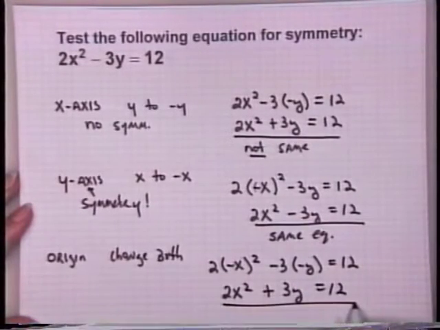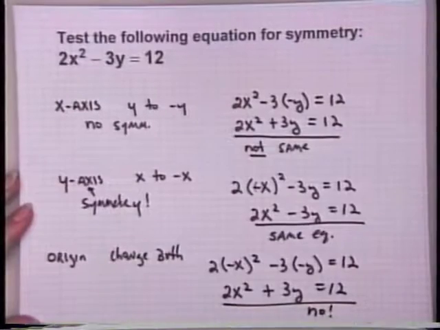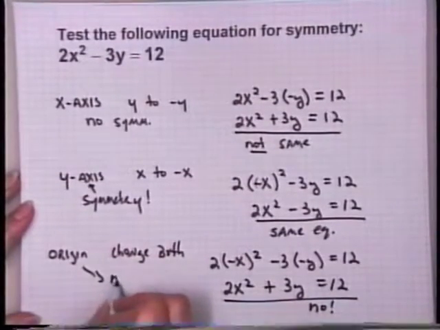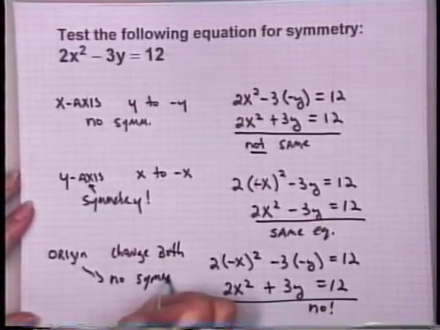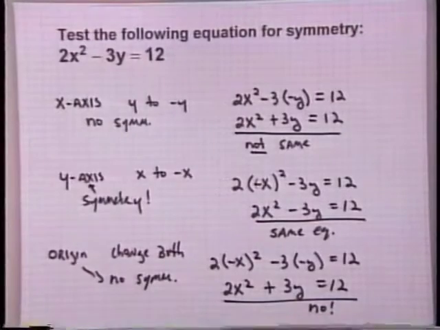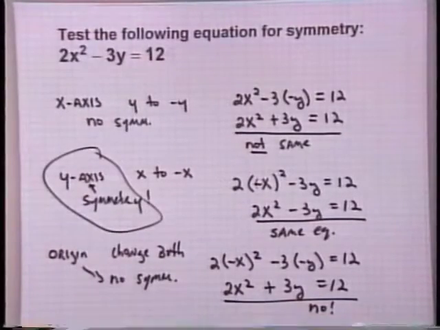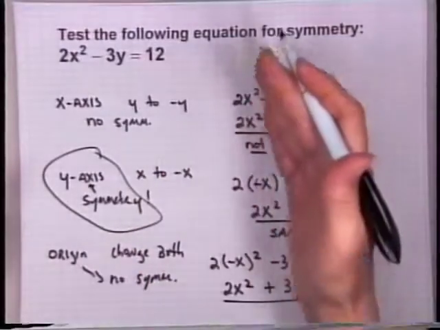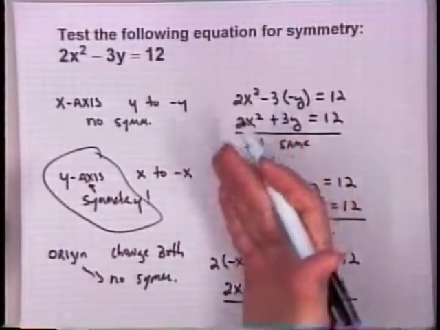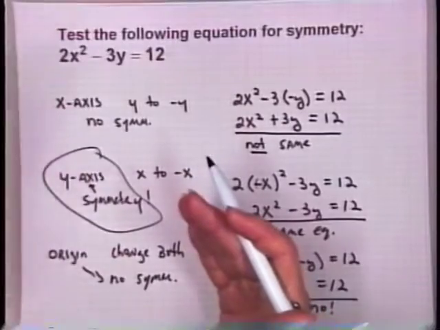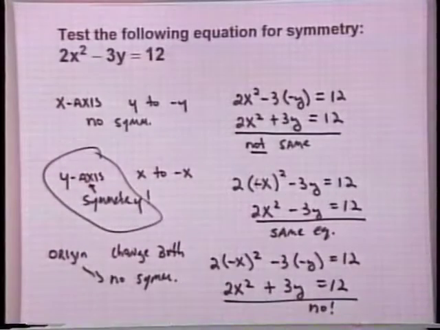Is this the same? No. It's not the same, so there is no symmetry to the origin. So the only symmetry that this graph would have would be to that y-axis. So that gives us a mental idea of whatever happens sort of on the right-hand side of that y-axis, the same sort of picture, mirror image, is going to happen on the left-hand side of that y-axis.